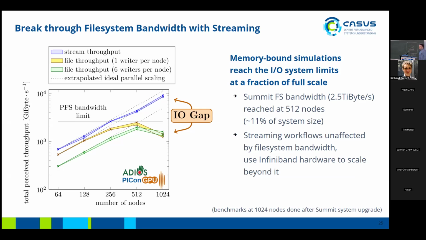But with streaming I/O, we were able to get output out of the system at a higher data rate than what theoretically the parallel file system could give us. Now, you could say it's kind of obvious that we are not affected by this capacity, but it's still the thing that we are competing against. It's important to show that we are actually getting better than what this capacity is giving us.